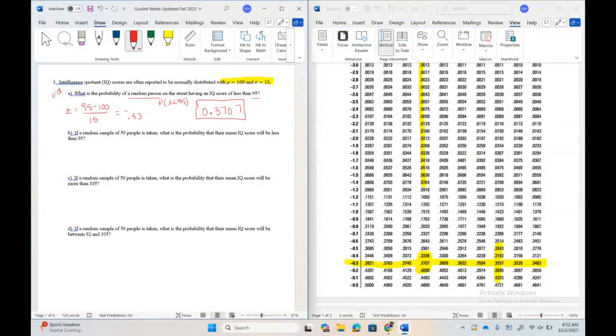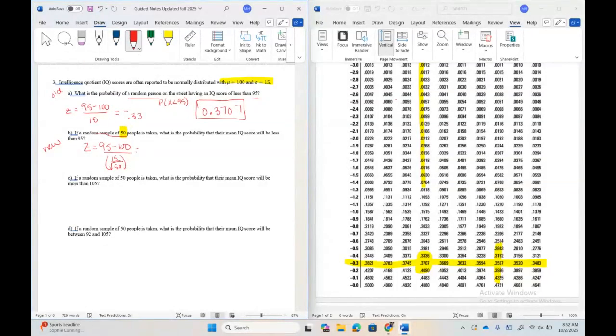Okay, next. Now we have our sample. So this is the new stuff since we have our sample. So we're going to do 95 minus 100 over 15 over the square root of 50, since we have 50 people, there's our n.